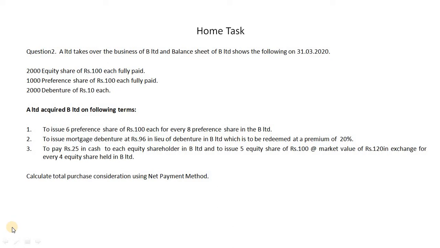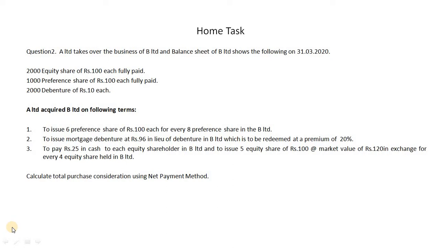So B Limited will be liquidated and we will call B Limited a transferor company while calculating or while solving various problems of amalgamation. Now we have to see equity shareholders and preference shareholders of B Limited, what they are getting from A Limited.